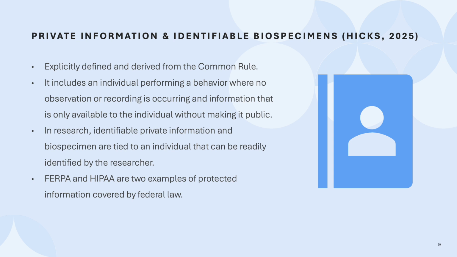These are excellent examples of how federal law safeguards private and identifiable information, mirroring the principles found within the Common Rule. Understanding these definitions of private information and identifiable biospecimens is fundamental to ensuring the privacy and autonomy of research participants.